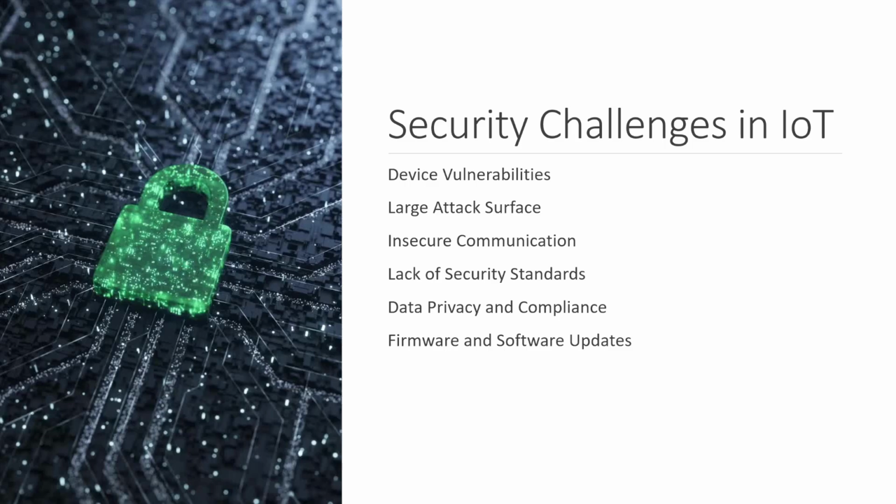And that's where it brings us to the lack of security standards, where they're highly fragmented. And so, because of the lack of standards, it's pretty easy to get into them, but they're not very consistent within a network. It's really hard to know which ones are going to be secure and which ones aren't. Which brings us to data privacy and compliance.